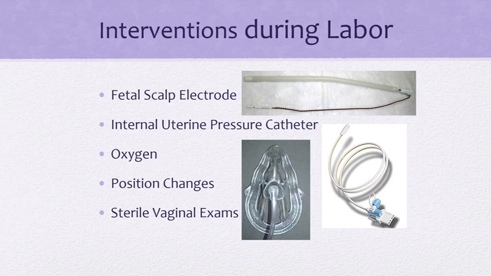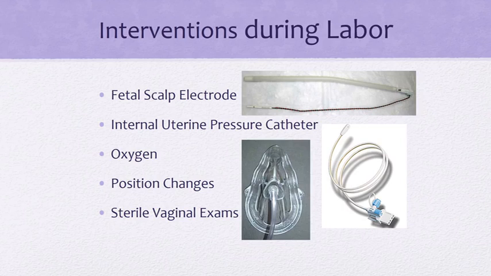So what it does is it just goes right into the fetal scalp, just a little bit, and like I said, it's very tiny, attaches to the fetal scalp, and that way we get an accurate fetal heart rate on the baby. Because there are times where we have difficulty monitoring the fetal heart rate. This is where we get it accurately.